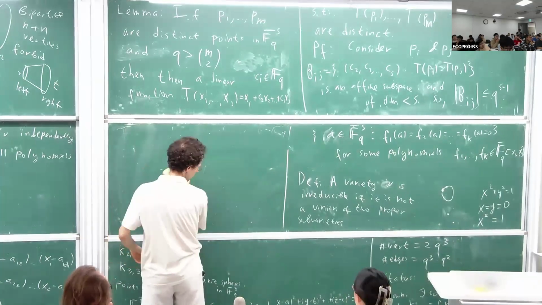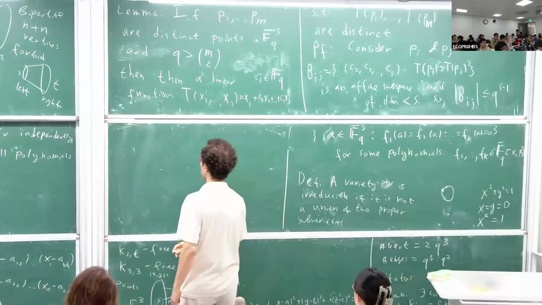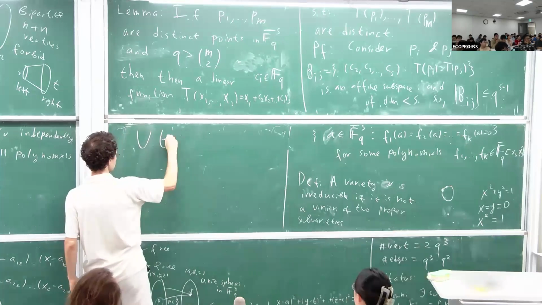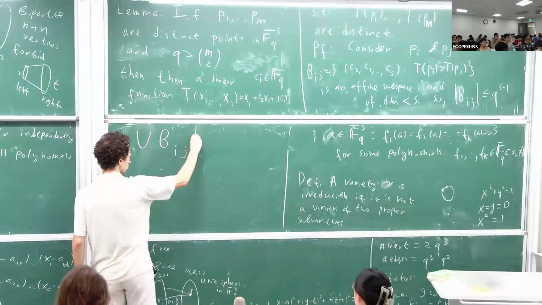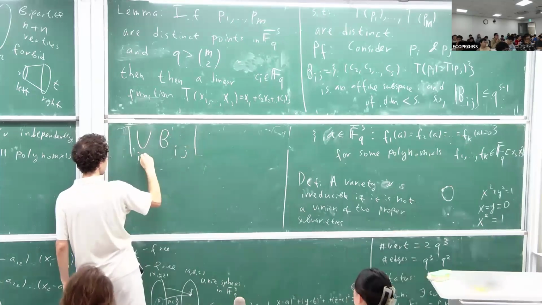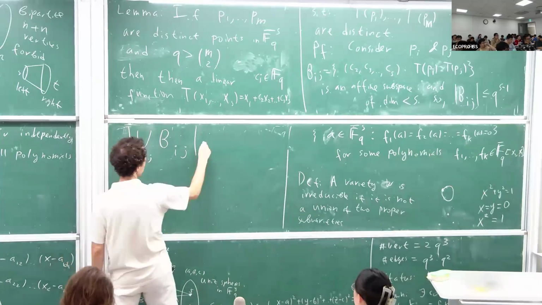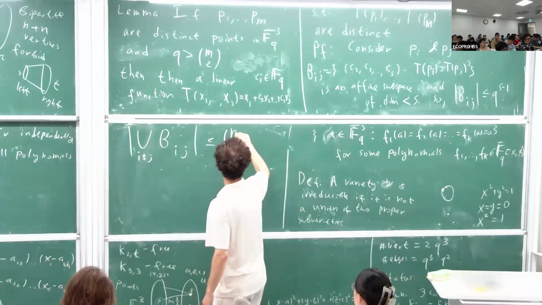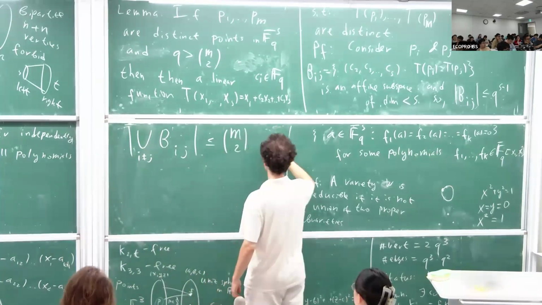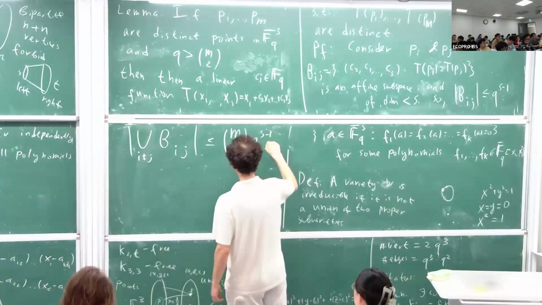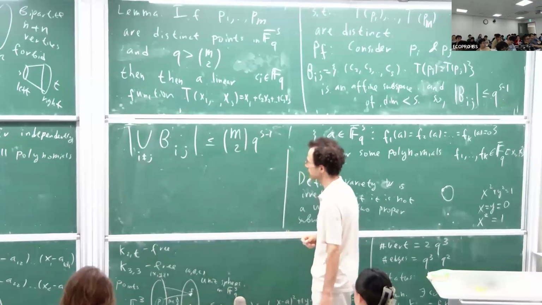Now what are all the bad sets? If I look at the union of all of this, well, there are M choose 2 pairs IJ, each of them gives me a set of size at most this.